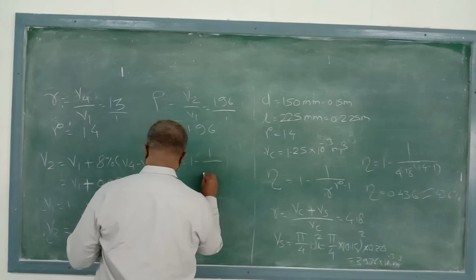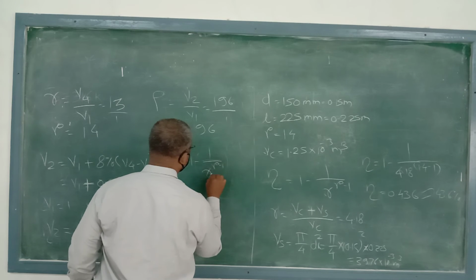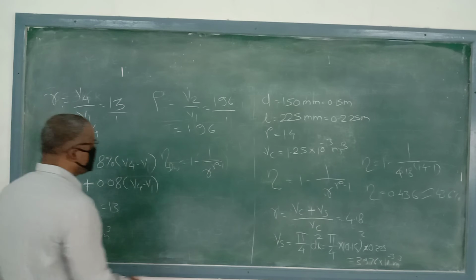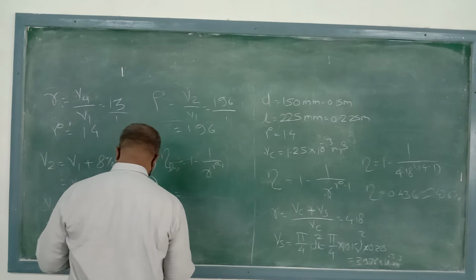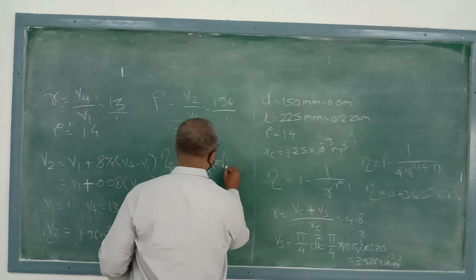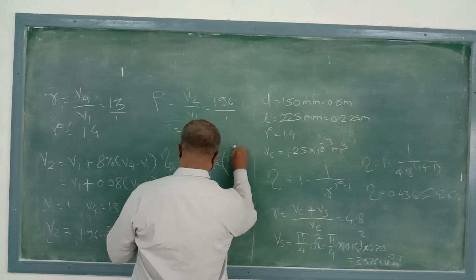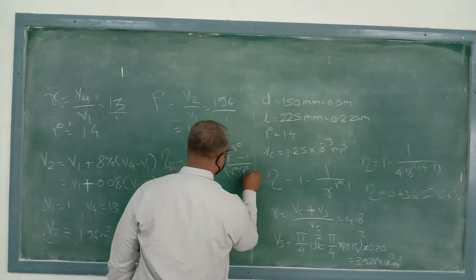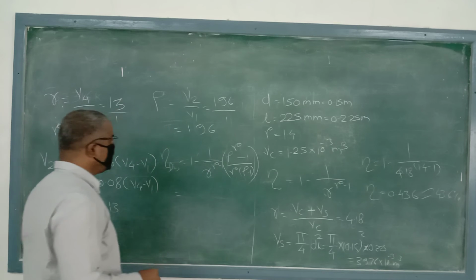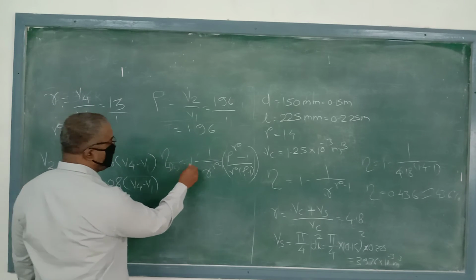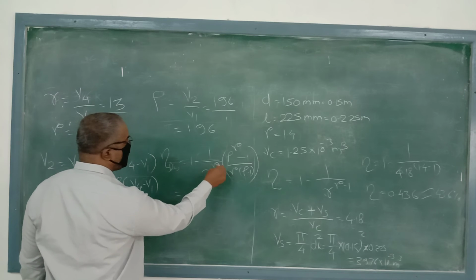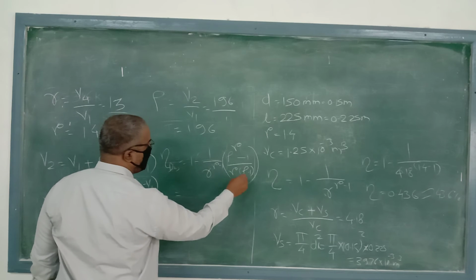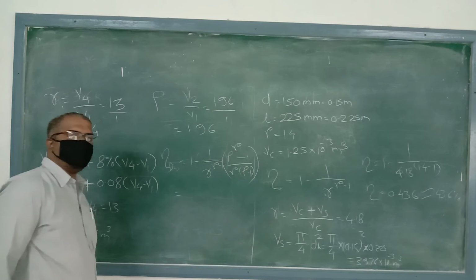We have the air standard efficiency of the diesel cycle, 1 minus 1 upon R raised to gamma minus 1, in terms of R and gamma. So we can substitute here cutoff ratio raised to gamma minus 1, upon gamma into cutoff ratio minus 1.